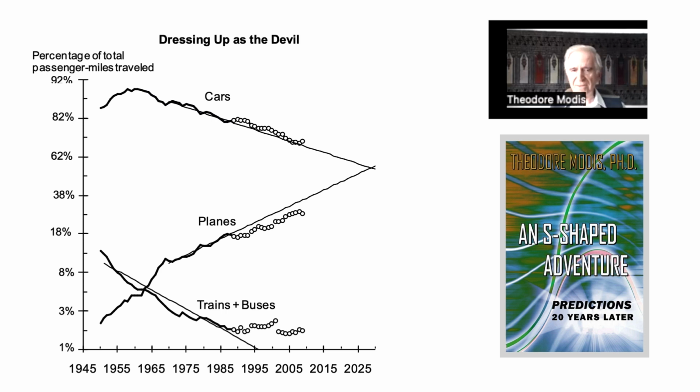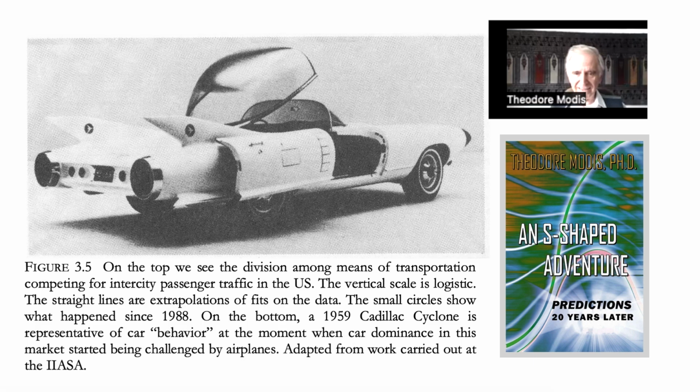So even though it's only at the level of 10%, the car competitor felt the attack of the airplanes. And you have at this point a Cadillac in the style of an airplane. Marchetti says, to scare the devil, you dress like the devil. So in the mid-50s, for the car industry, the devil was the airplane. So here's a car that just dresses like an airplane. I thought it was cute.